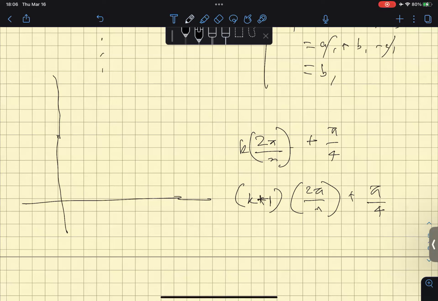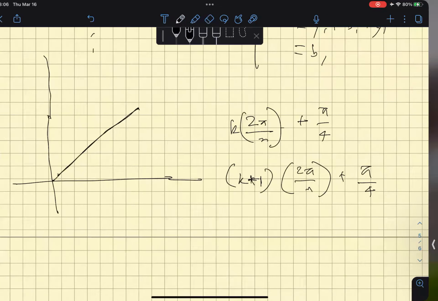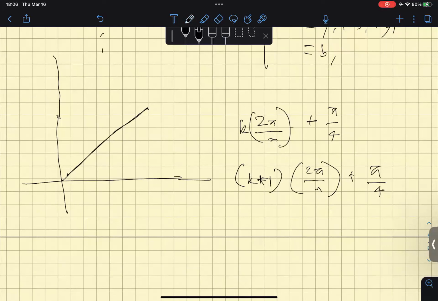Okay, so this is the angle pi over 4, right? From that, you go k times 2 pi over n, which will be somewhere over here. Then you go another 2 pi over n, which would be somewhere over here.